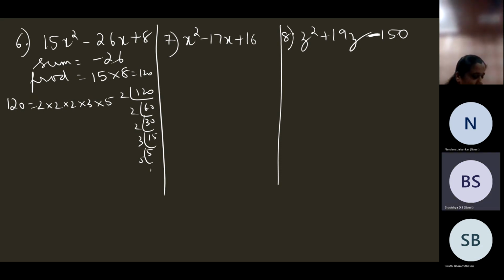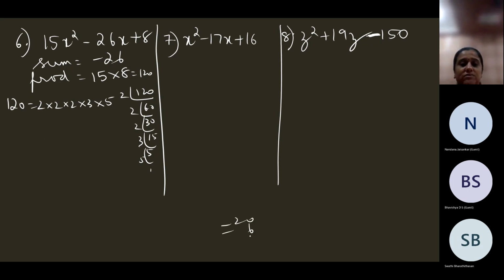Minus 20 and minus 6. So you're using 5 2s are 10, 10 2s are 20, and 2 3s are 6. Minus 20 and minus 6.